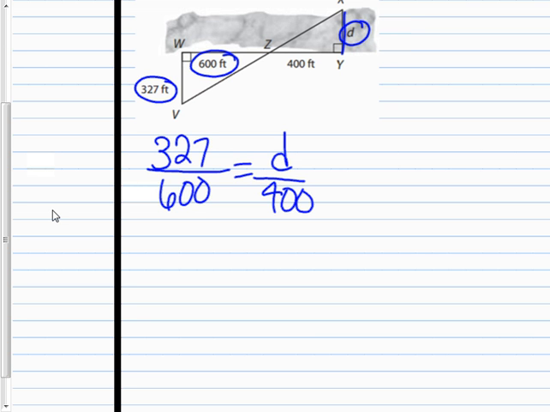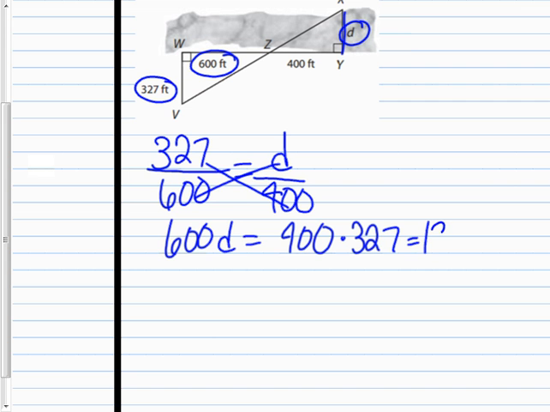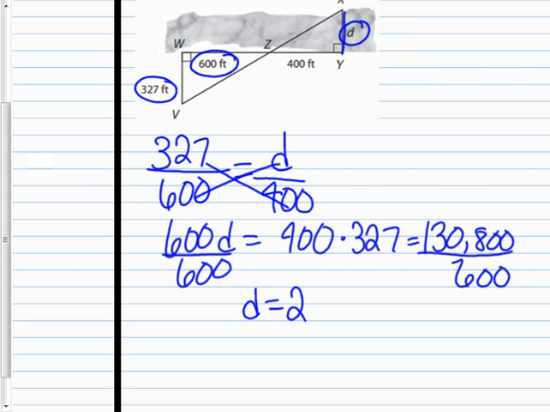You're going to cross multiply: 600D equals 400 times 327, which is 130,800. Divide both sides by 600, so divide 130,800 by 600, and D equals 218 feet. And there we go.